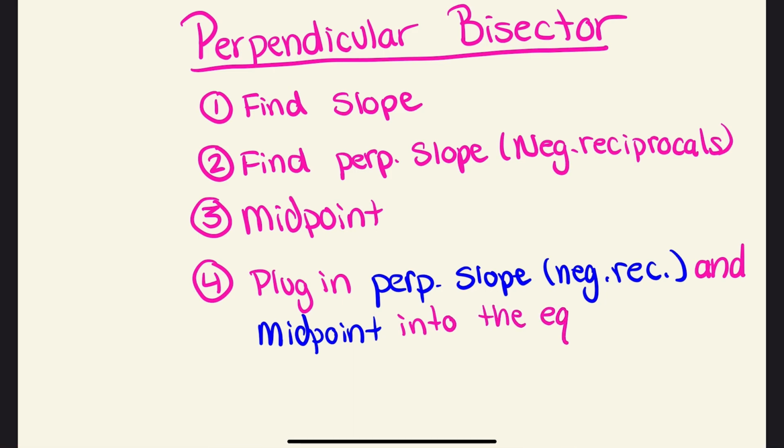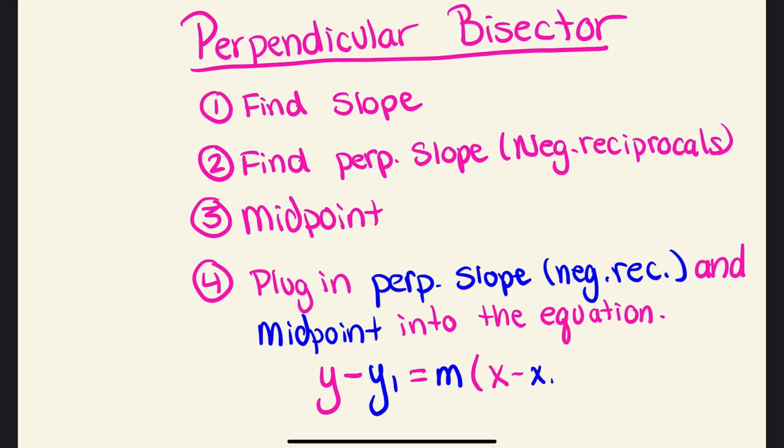And we're going to use point slope 99% of the time. So that's going to be y minus, and then I'm going to put y1 equals, and put m, x minus x1. And the colors are just to remind you what gets changed and what doesn't.